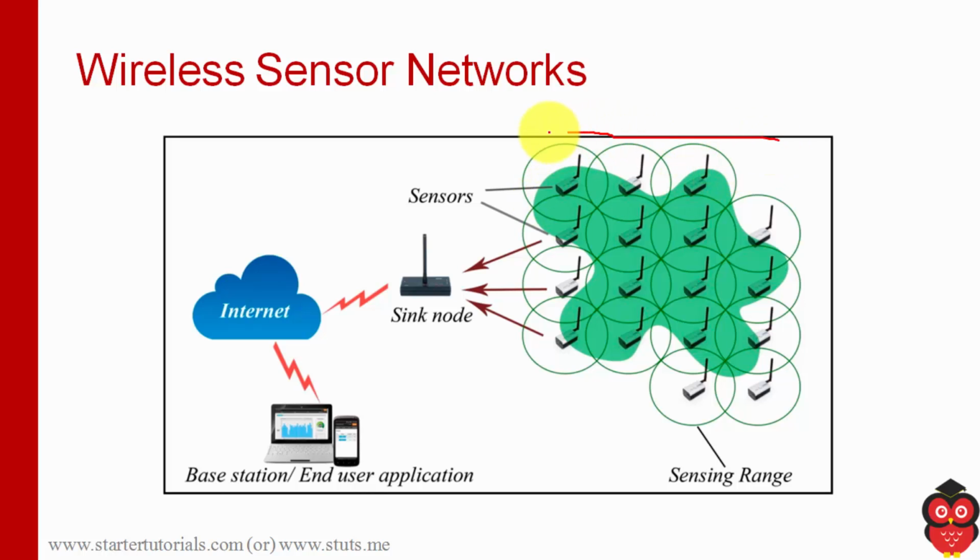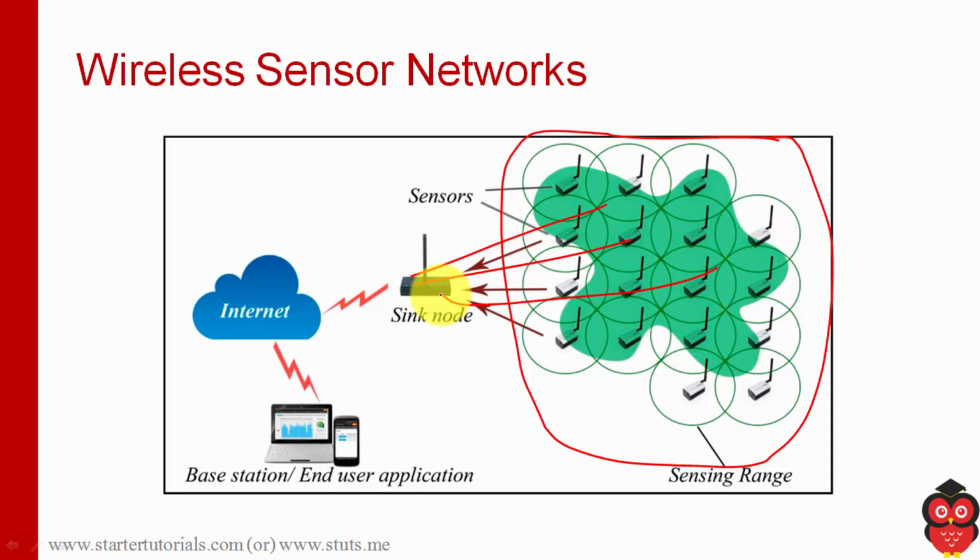Typically you will have a collection of sensors sending the data to a sink node, or you can say gateway, and this sink node or gateway is responsible for sending the data to the internet, where you can perform analytics on the data, and the extracted information will be used by different users through mobile applications or web applications.